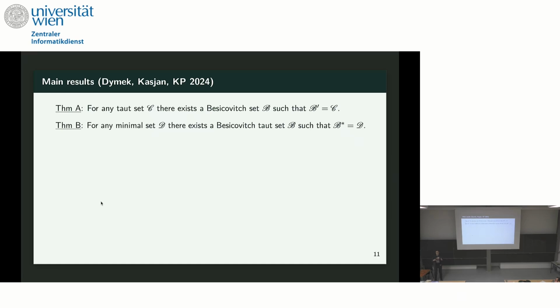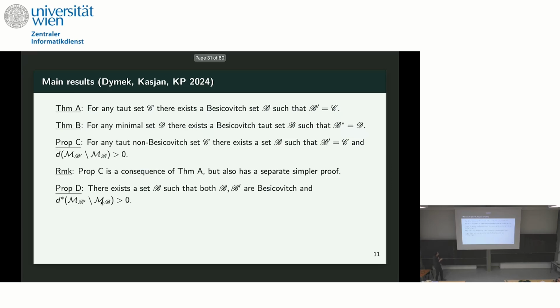So we kind of want to do a reverse procedure now. Before it was B, and I derived B prime and B star from it. And now I want to start either with B prime or B star, and construct something that gives me those and has some extra properties.